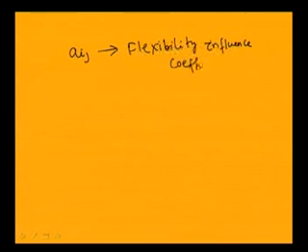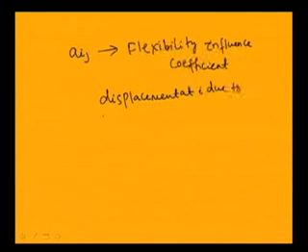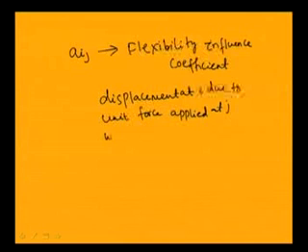Aij is known as the flexibility influence coefficient, and it is defined as the displacement at i due to unit force applied at j with all other forces equal to 0.